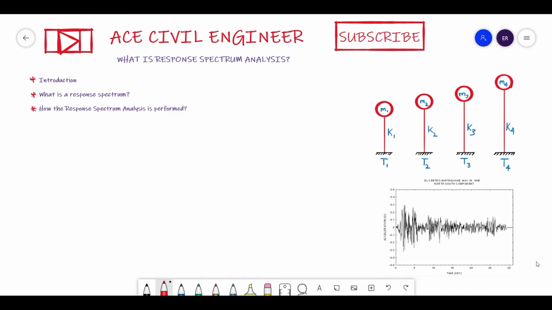For those seismic histories you need to have the exact acceleration and time graphs. That is called the time history record. In most cases we do not have such records for many places. In such a case, friends, we generally prefer to use response spectrum analysis.